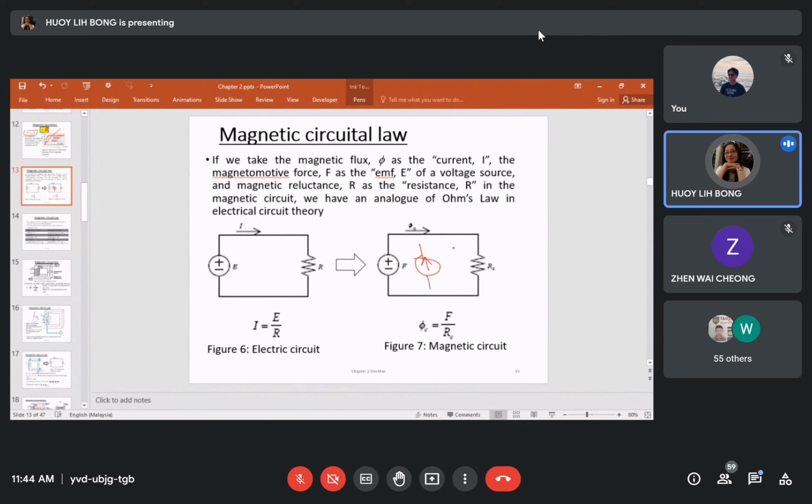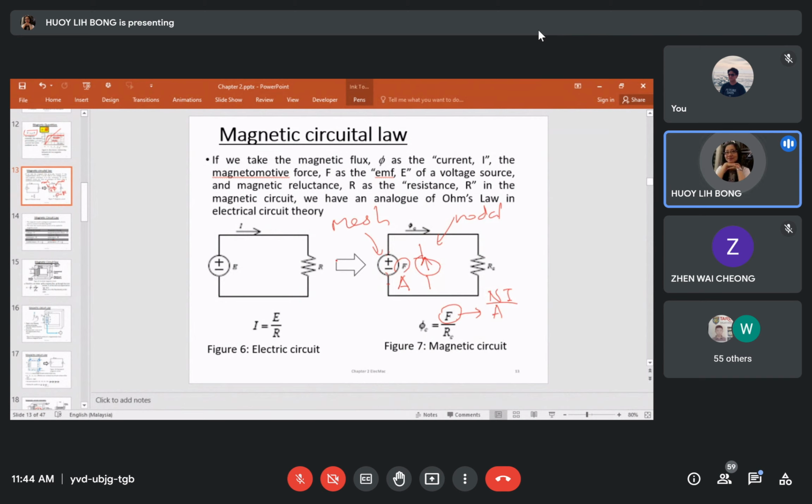Some of them you can do nodal analysis if you want, but I'm using this book which uses a voltage source, although the unit is in ampere, because of the formula, number of turns times current. The unit for this is actually ampere, but the symbol they use is a voltage source rather than a current source, because I think they prefer to use mesh analysis.